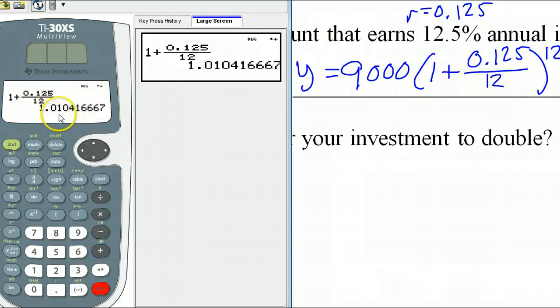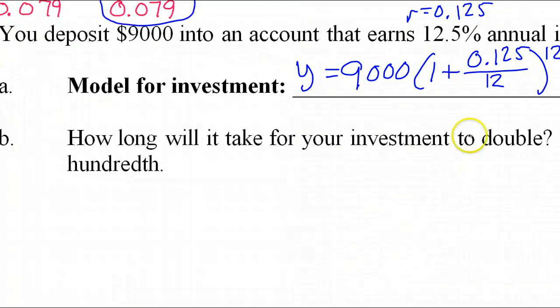That's the main thing I need to emphasize to you. Don't go, oh, 1.01. No, don't do that. I have one kid that likes to just use all the decimals. I'll allow that if you want to sit there and use 1.010416667 and carry that through all your calculations. Be my guest. But I'm just going to use it the way it is.